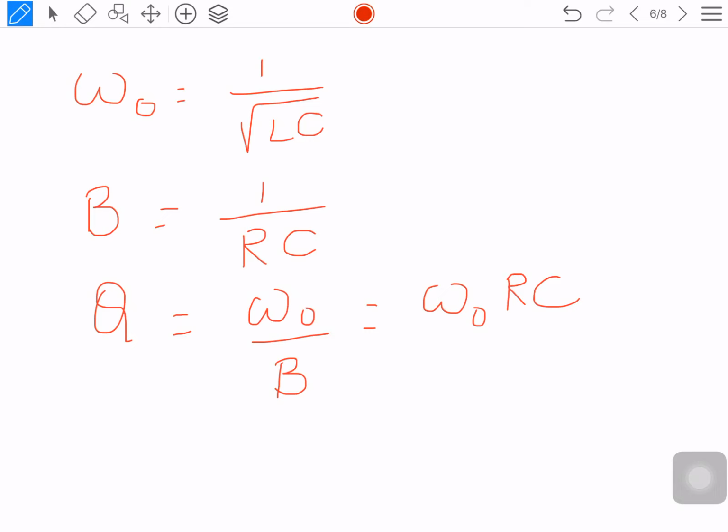These are the equations. Now it is having the three terms, that is center frequency omega naught, bandwidth and quality factor.